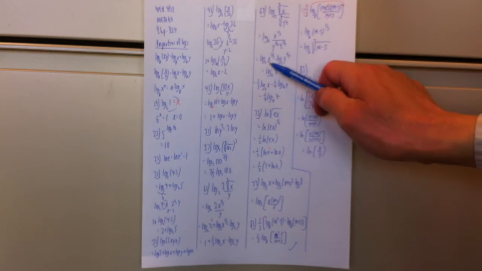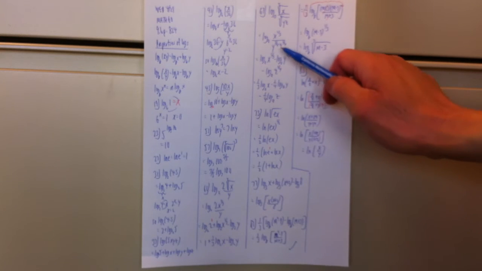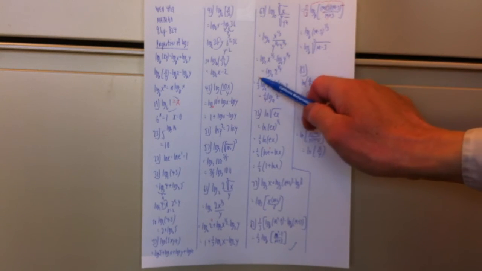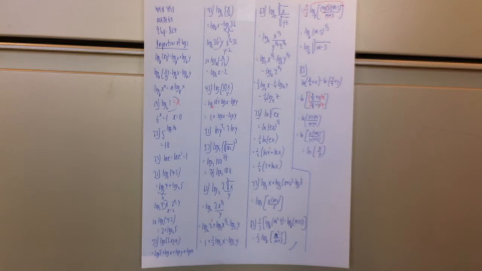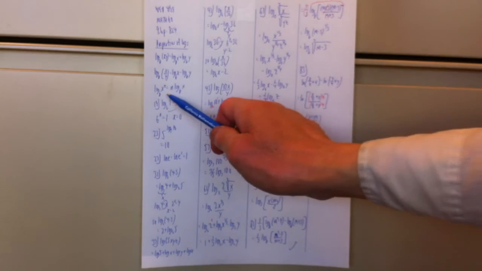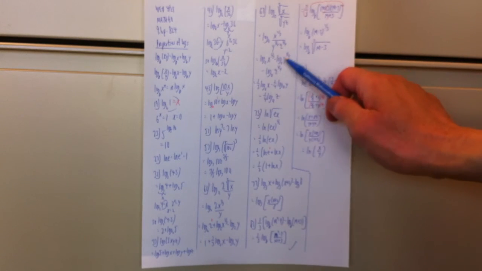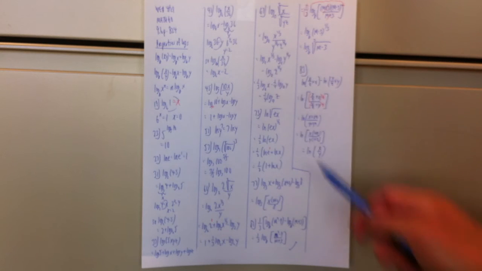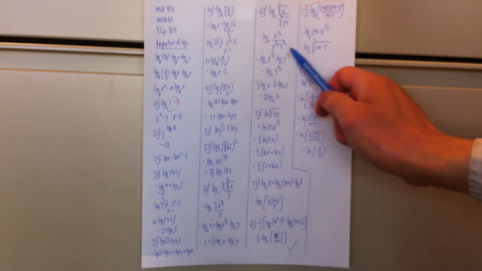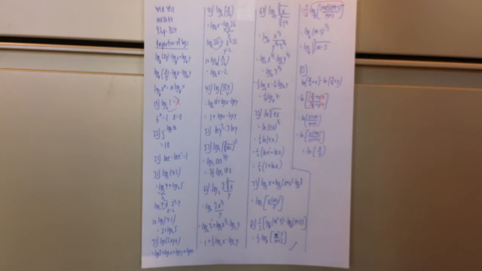This is in the denominator, so it's minus log base a of y to the 1/4. And this is also in the denominator, so it's also minus log base a of z to the 1/4. And then using this property over here, the 1/3, 1/4, and 1/4 all come down in front. So notice 1/3 comes out in front, 1/4 comes in front, 1/4 comes in front. So the final answer is 1/3 log base a of x minus 1/4 log base a of y minus 1/4 log base a of z.